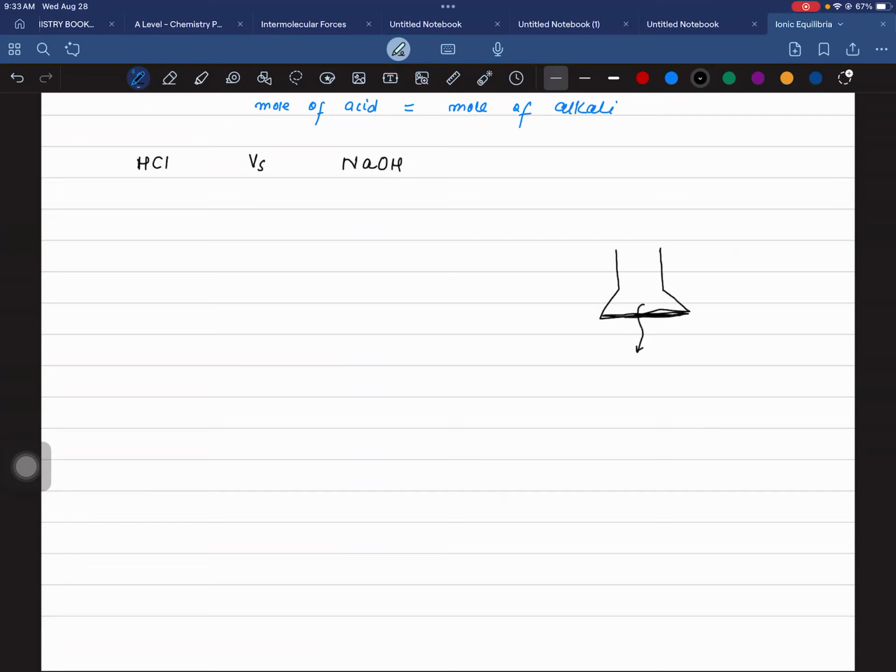In this conical flask, I have HCl, and obviously I have dipped a pH meter in this flask as well. This is a pH probe. And this is the burette. In this burette, we have NaOH.